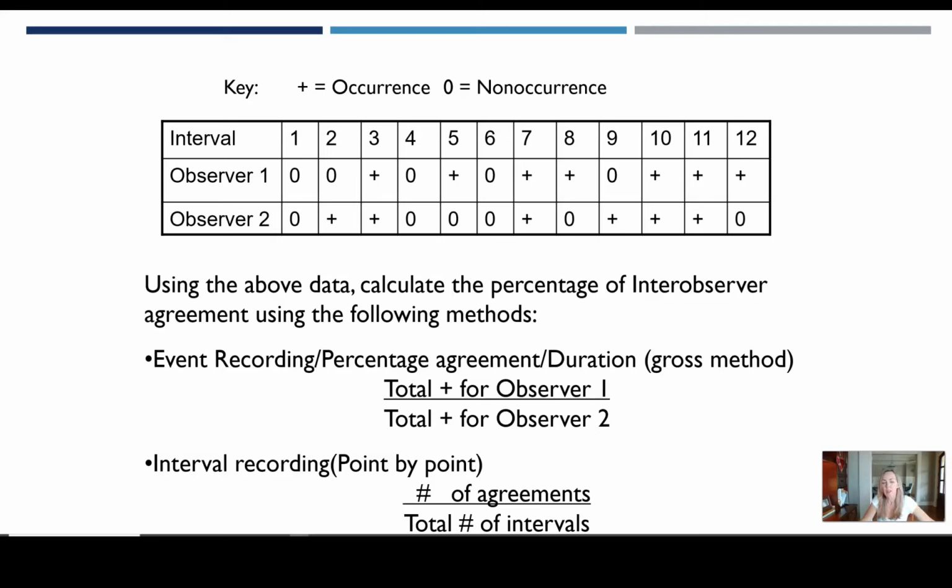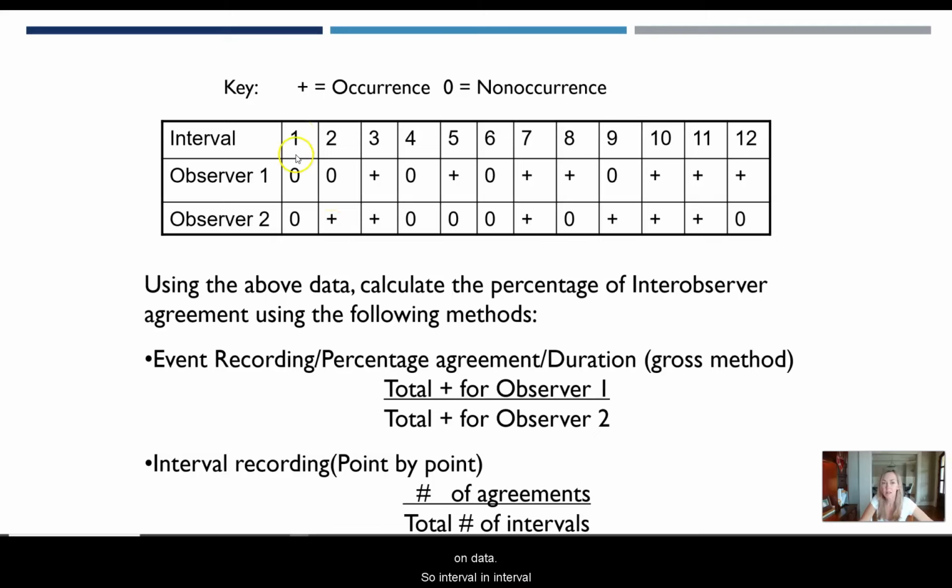However, if this were interval recording, doing the gross method would kind of skew your data, because did these two observers really agree 86% of the time? So knowing that this is interval recording, let's see how many times they agreed on data.